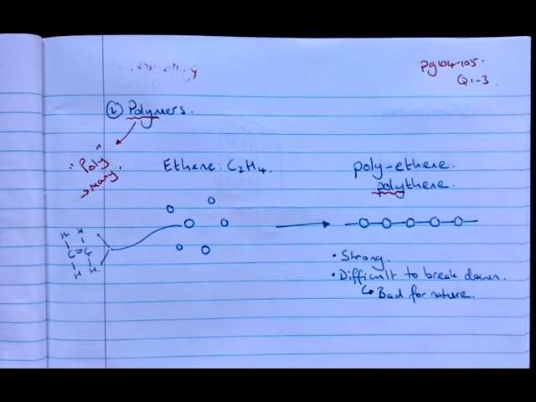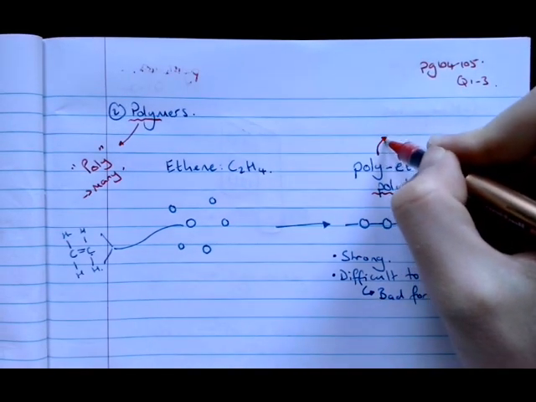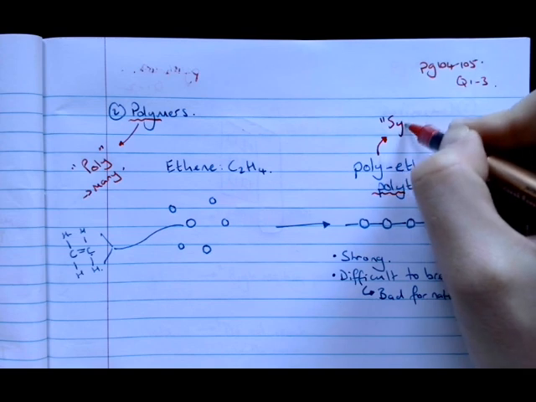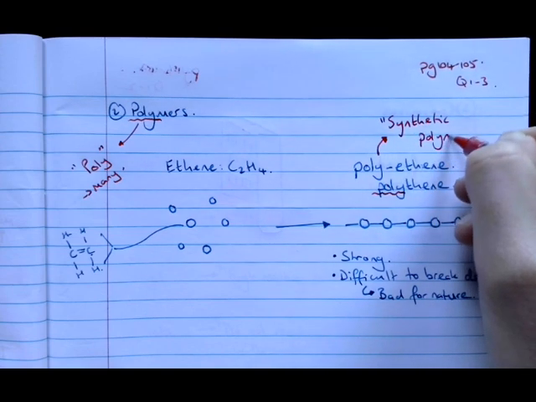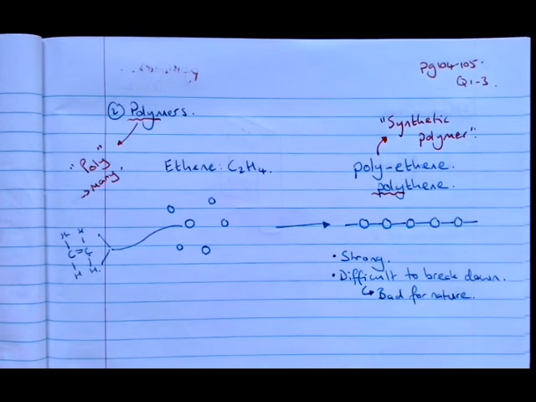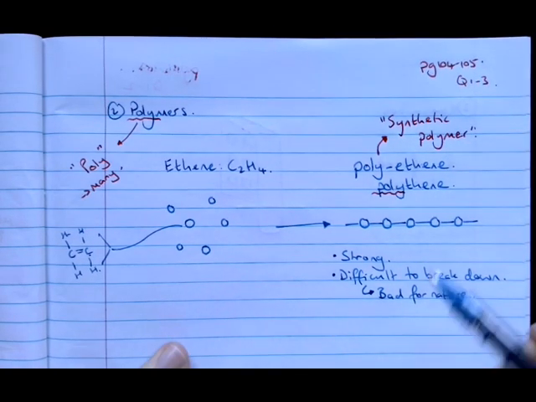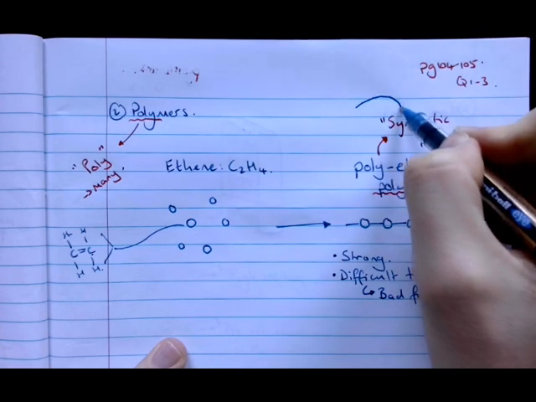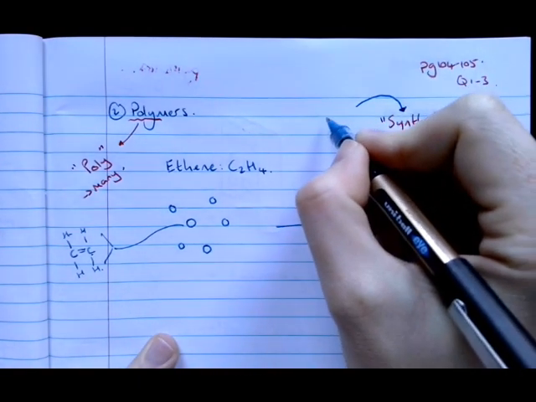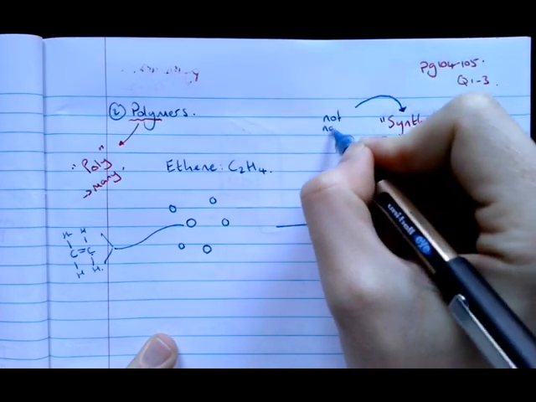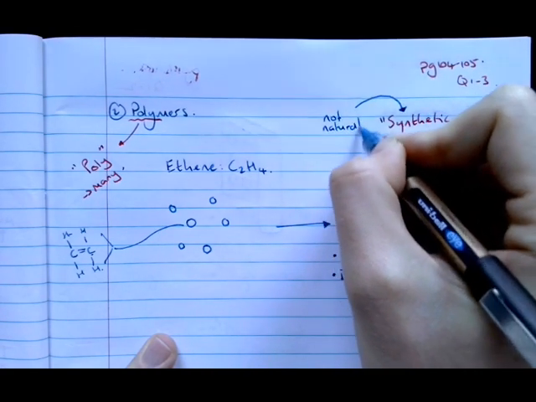Now, this polythene is an example of a synthetic polymer. What that means is the word synthetic means not natural.